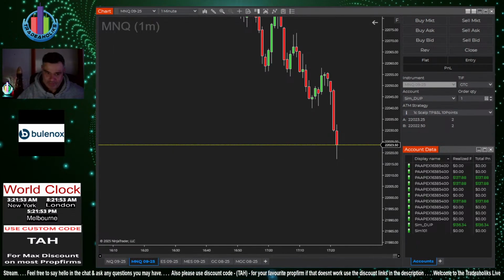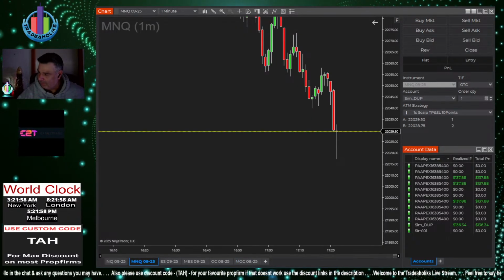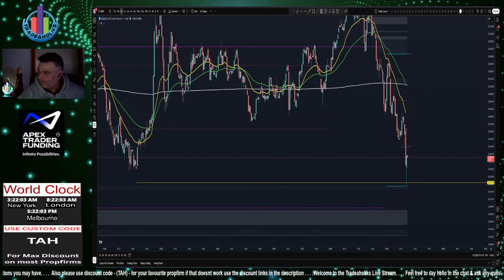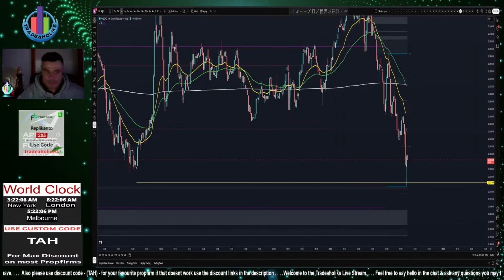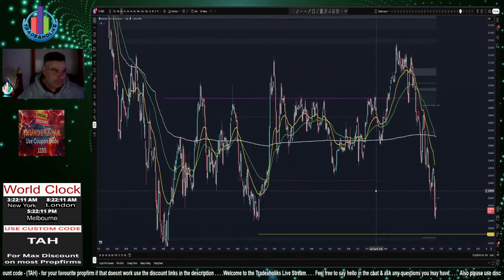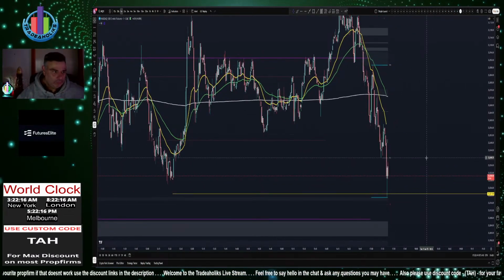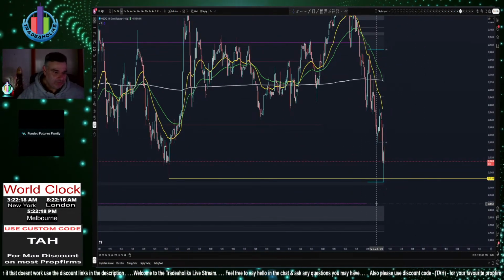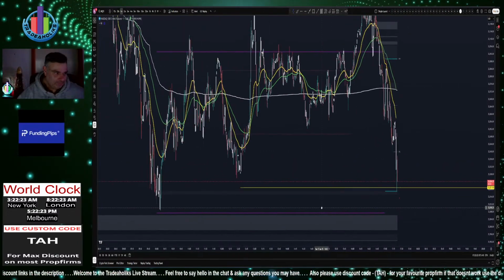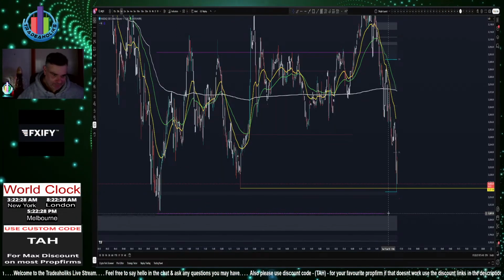We might bounce off this now. I'm going to go back to TradingView. There was our liquidity grab. We could potentially even get to this level too, you know. We never touched the bottom of that neutral balance box.